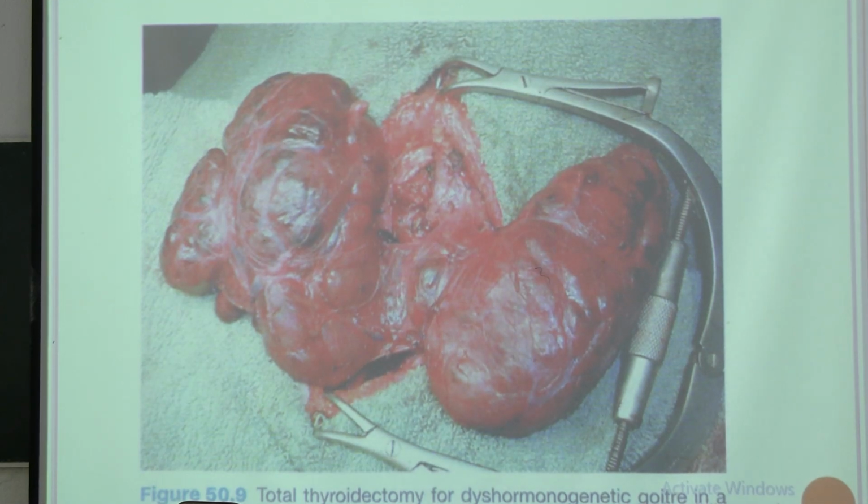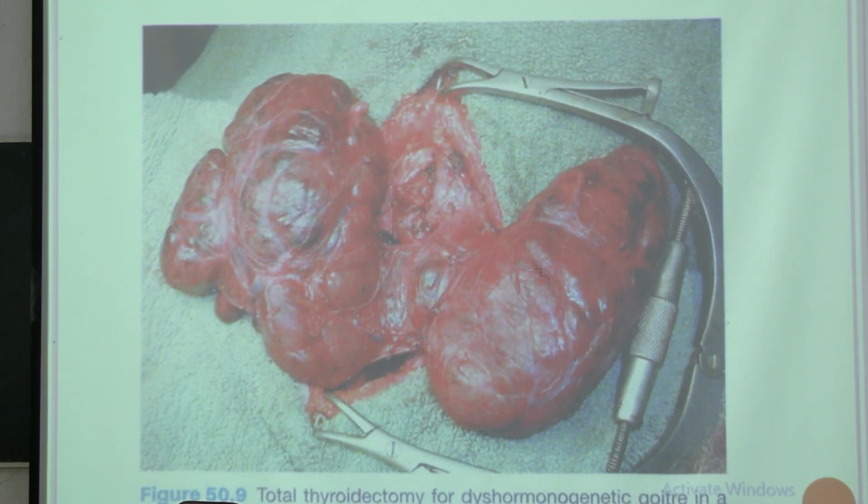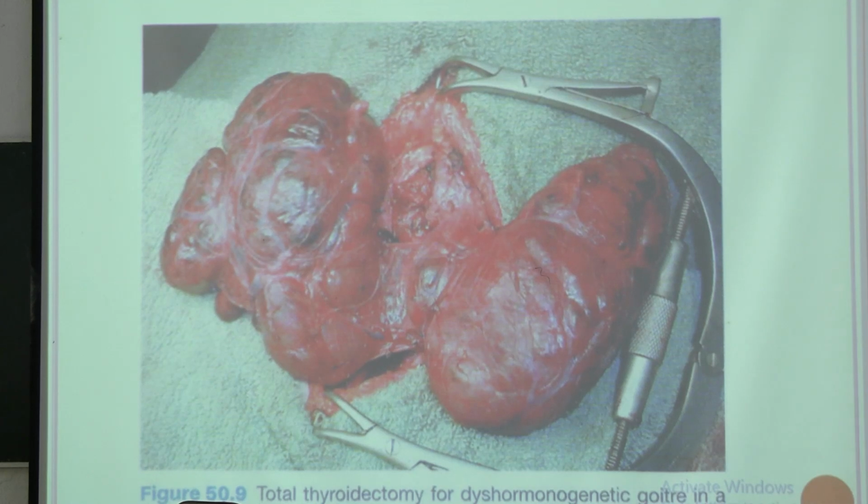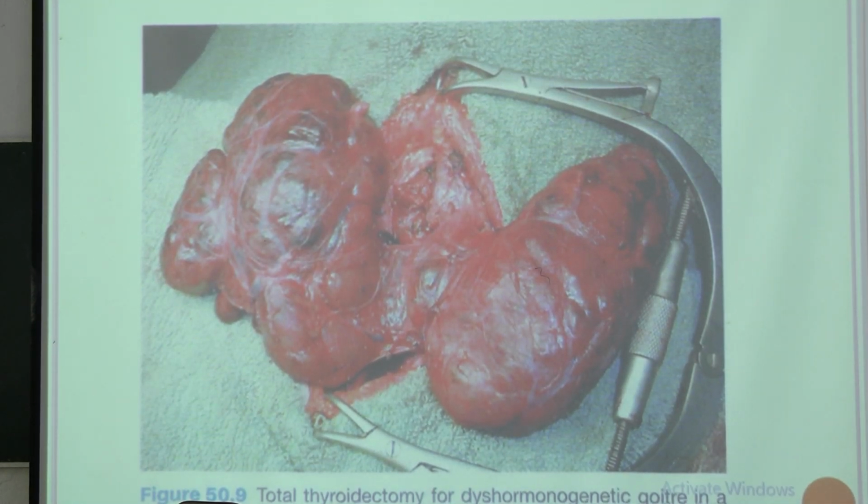At times when you do an MRI or CT, the radiologists will tell you to do an USG. It looks very funny. So do an USG for 1,200 rupees or 1,500, but don't go for an MRI neck for 6,000 rupees. This is your clinical knowledge.